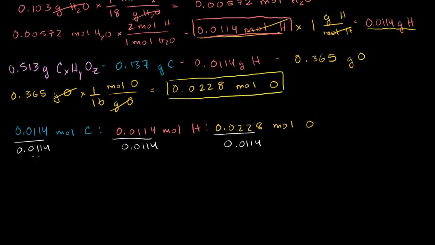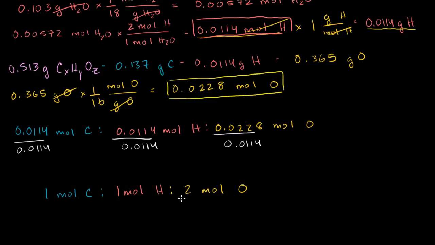What does this turn into? This is just a 1. So this is 1 mole of carbon for every 1 mole of hydrogen, for every, this is exactly 2, right? 228 divided by 114, that's 2. For every 2 moles of oxygen.